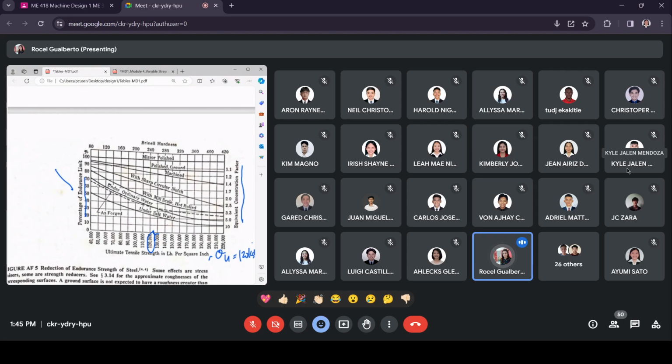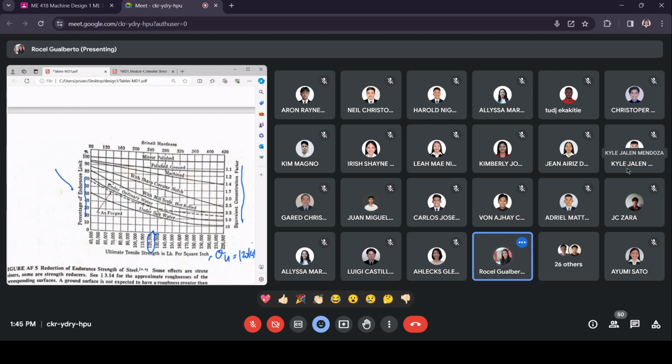So how is it used? On the center of your figure, written are different types of surfaces. You have the first one, this is the curve for mirror polish, meaning its surface is very smooth.